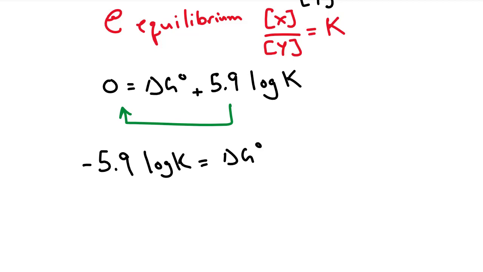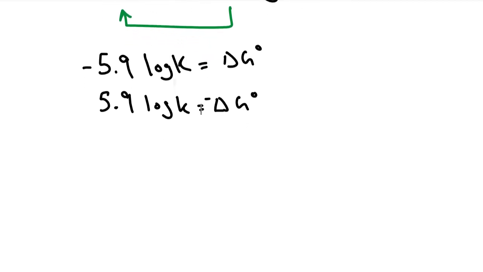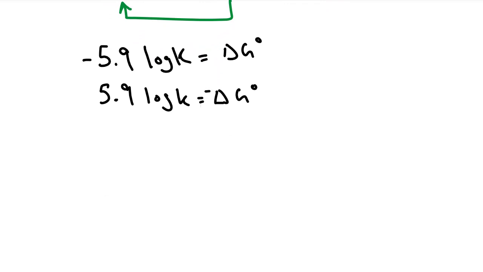Now, I'm going to multiply both sides by negative 1. So now I have 5.9 log of K equals negative delta G standard. Now, I'm going to divide both sides by 5.9. So I have log of K, again this is big K, equals negative delta G standard over 5.9.